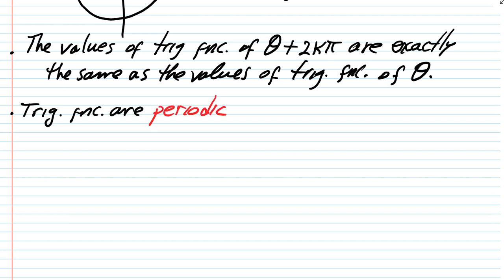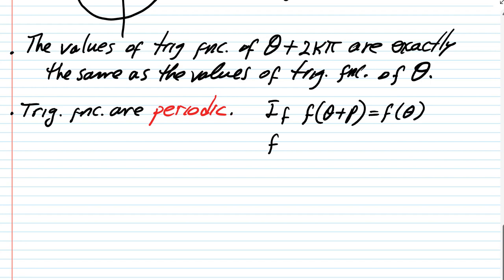That means at some later point, they repeat themselves. Okay, so what is the definition of a periodic function is this. If the value of the function at theta plus some point later is equal to the value of the trig function of theta, then we say f is periodic.